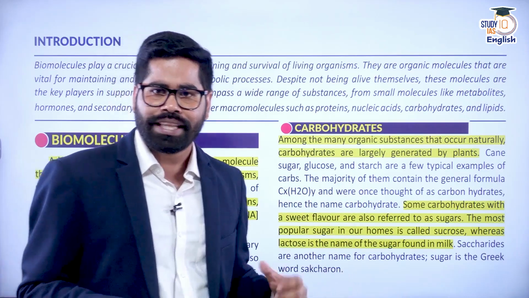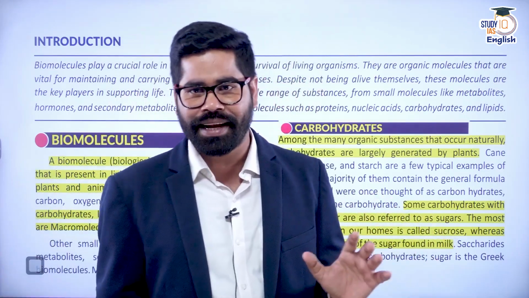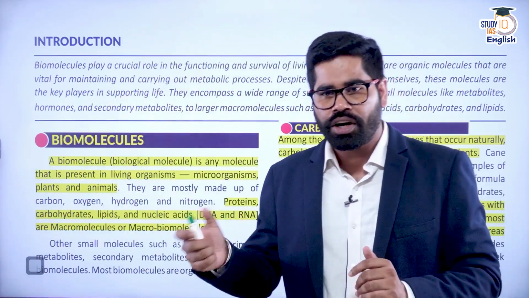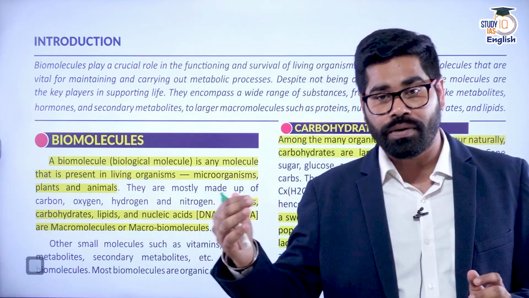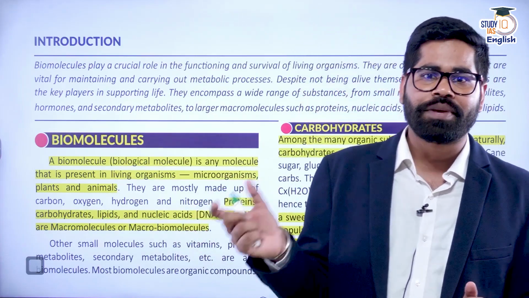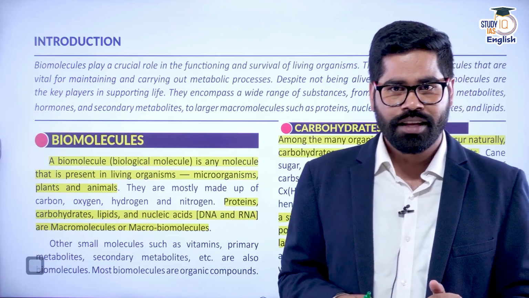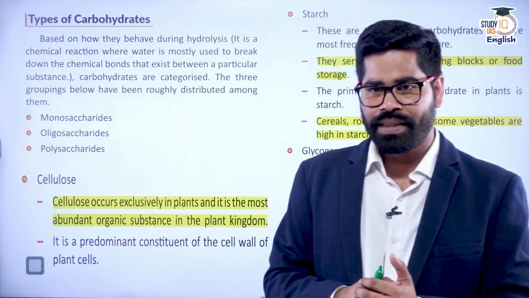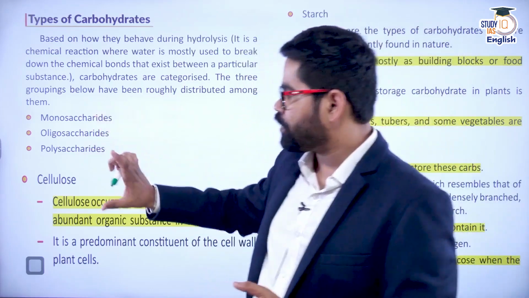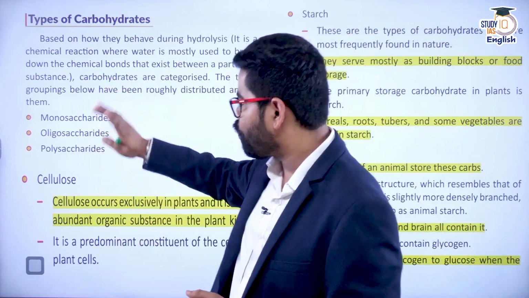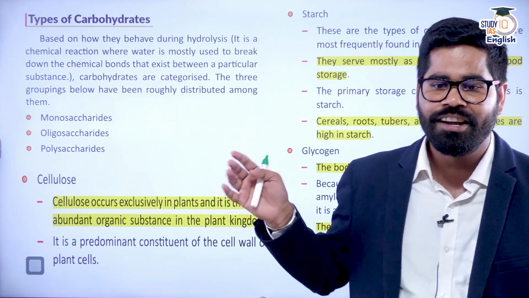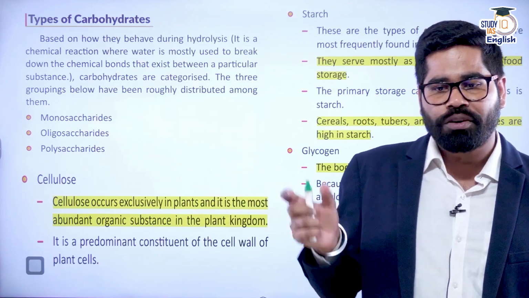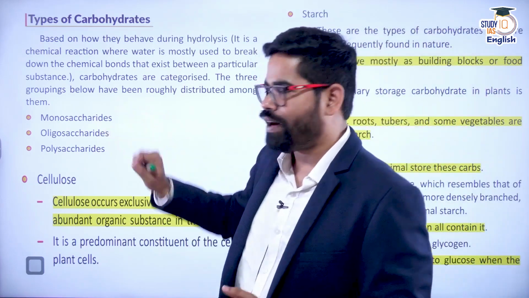They are the common names we can find in our vicinity, or if you are reading anything about carbohydrates, you might be aware of these names. They can be classified into monosaccharides, oligosaccharides and polysaccharides, divided according to their structure.